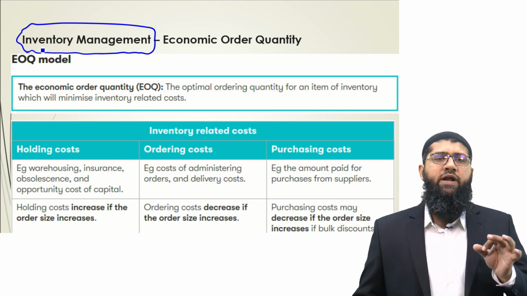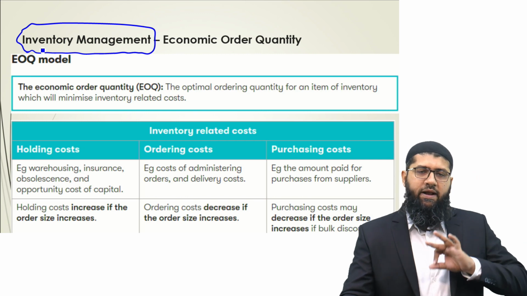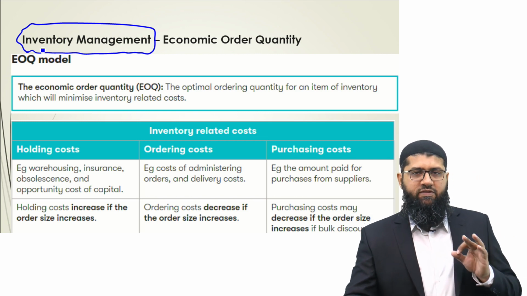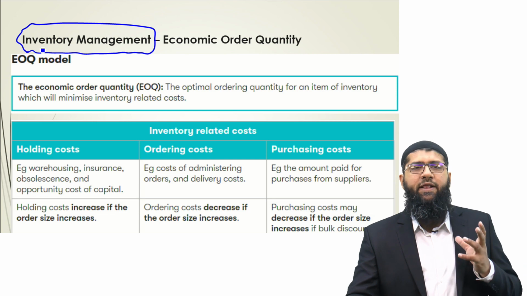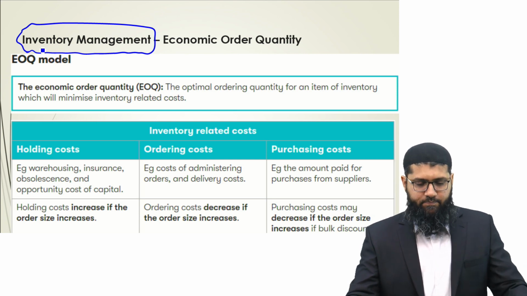Ideally speaking, every organization should try to make sure that it manages the components of working capital in such a manner that you have got a short working capital cycle.